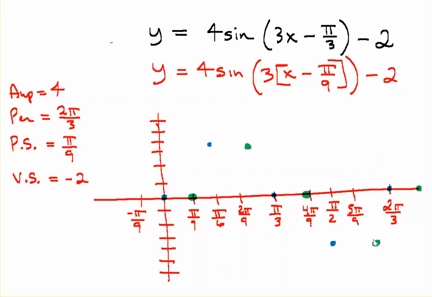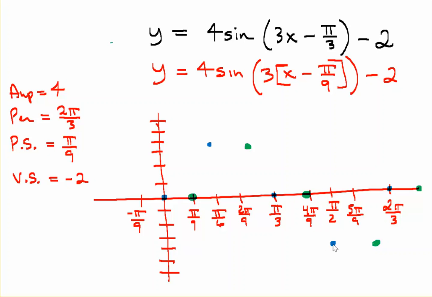If you need to, you can also check by either using a calculator or check by adding them up. Like, I'm sorry, 3 pi over 3 plus pi over 9 will get you 4 pi over 9.